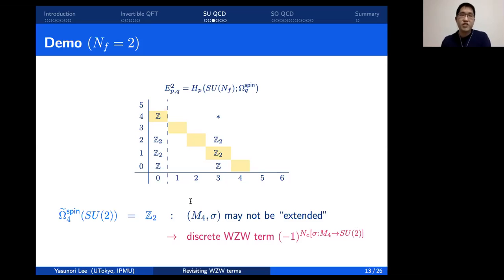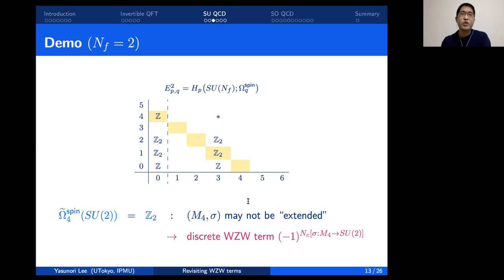In this case, to determine the value of the Wess-Zumino-Witten term for generic M4 and sigma, we first have to pick a representative of the equivalence class to which it belongs, and fix what value to take for the Wess-Zumino-Witten term on that representative pair of boundary 4-manifold and sigma on it as an anchor.